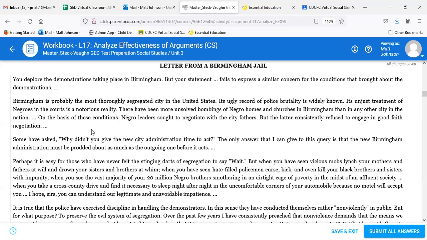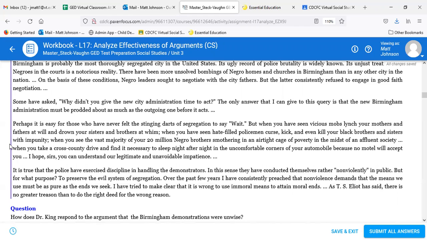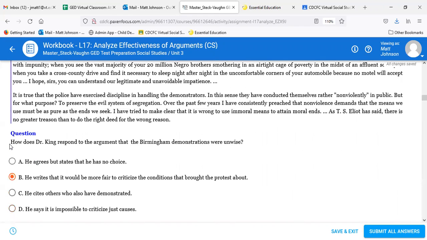There were other travel guides too, because it was dangerous, particularly in the South, for African Americans to travel through. And if they got stopped by police, it could be really tragic. So he's pointing all these things out.